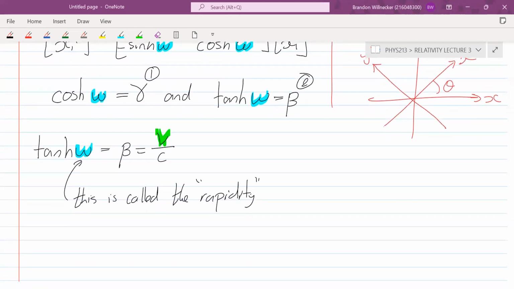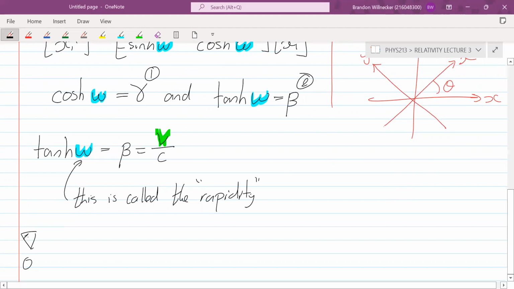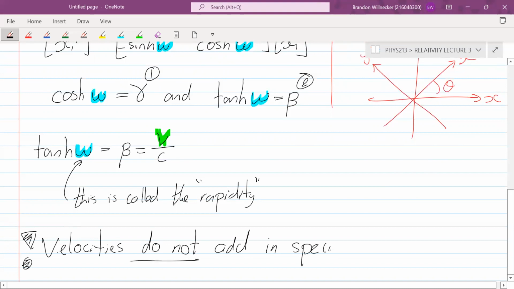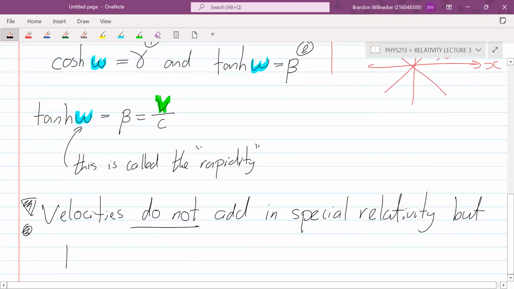I'll give you the major reason why we work with rapidity more than the velocity, and that's because velocities do not add in special relativity. But rapidities do.